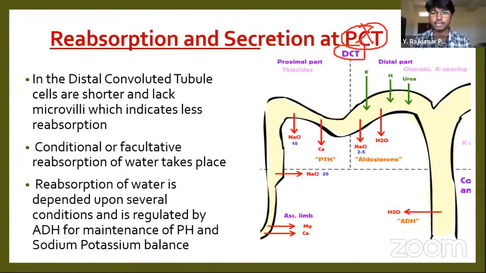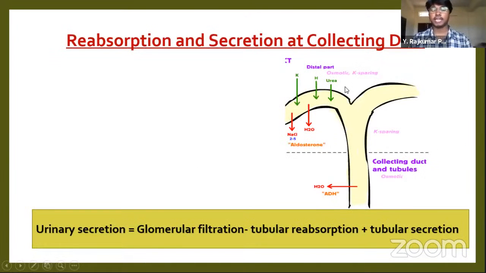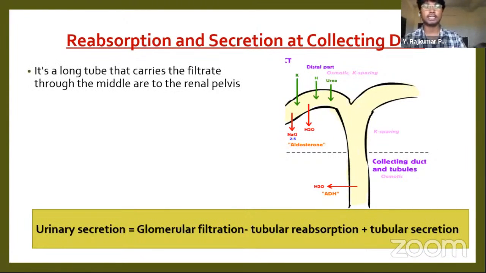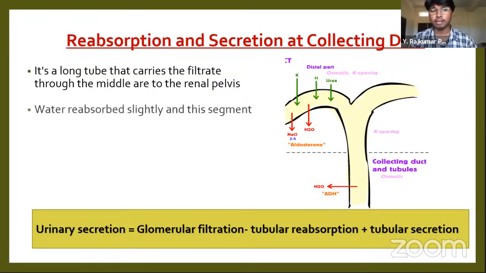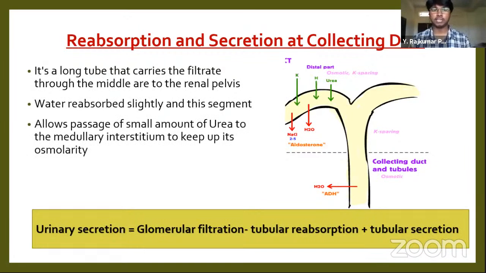Okay, dear students, let's learn further. Reabsorption and secretion in the collecting duct. It's a long tube that carries filtrate through the middle area to the renal pelvis. Water is reabsorbed slightly in this segment and it allows the passage of small amounts of urea to the medullary interstitium to keep up its osmolarity.